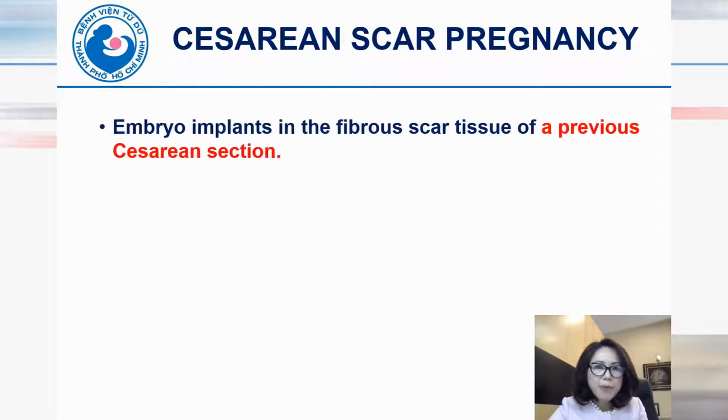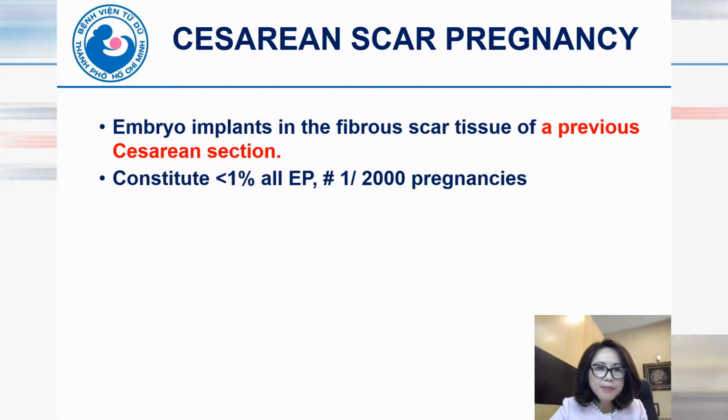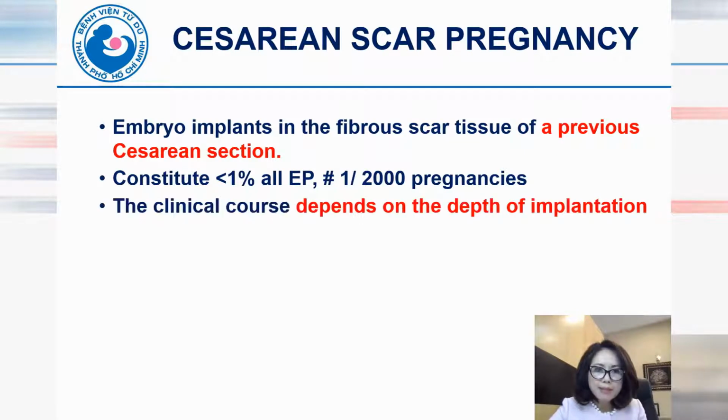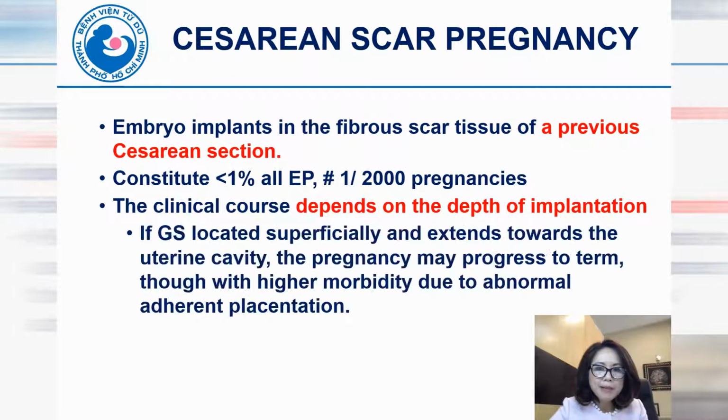Cesarean scar pregnancy occurs when the embryo implants in the fibrous scar tissue of a previous cesarean section. It constitutes less than 1% of all ectopic pregnancies and is estimated at about 1 in 2,000 pregnancies. And the clinical course depends on the depth of implantation.